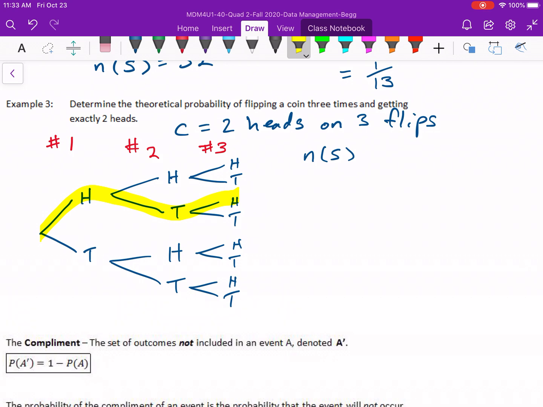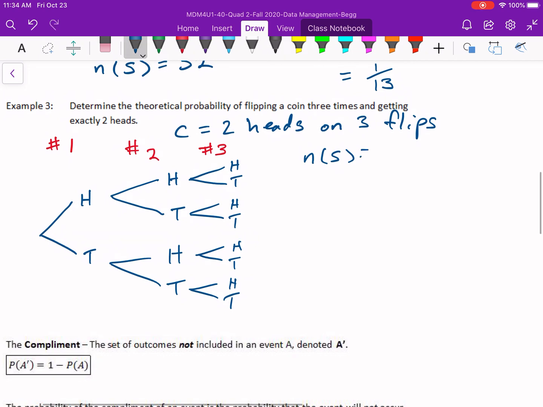That path involves getting a heads followed by a tails followed by another heads. That can only happen on that path. There's no other path that's exactly the same combination of heads and tails. If I randomly picked a different path, say this one, that would be tails followed by heads and then another heads. So each path is a different outcome.